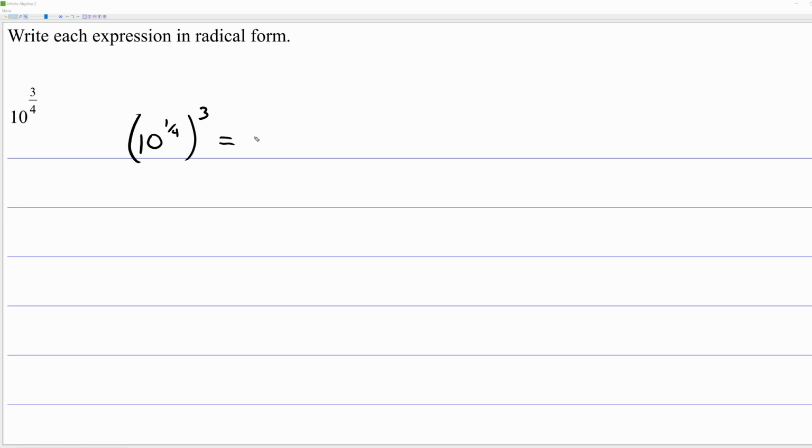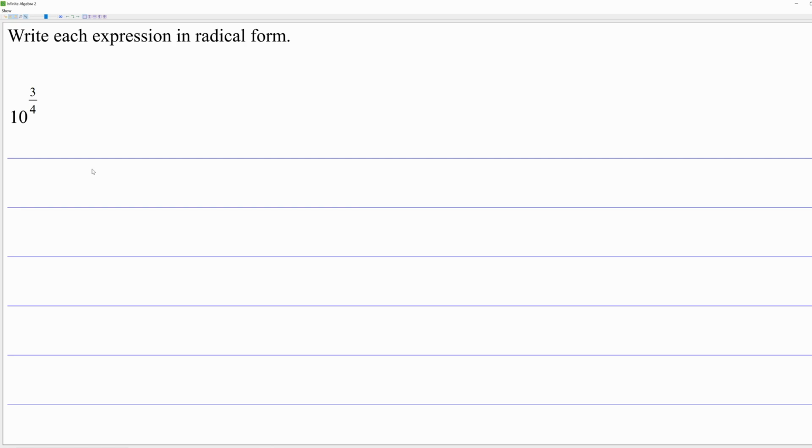And now we'll take what we learned in the previous question. A 1/4 power is a 4th root. And then we're going to take this 4th root and raise it to the 3rd power. So on the left we have exponential form using exponents, and on the right we have radical form.